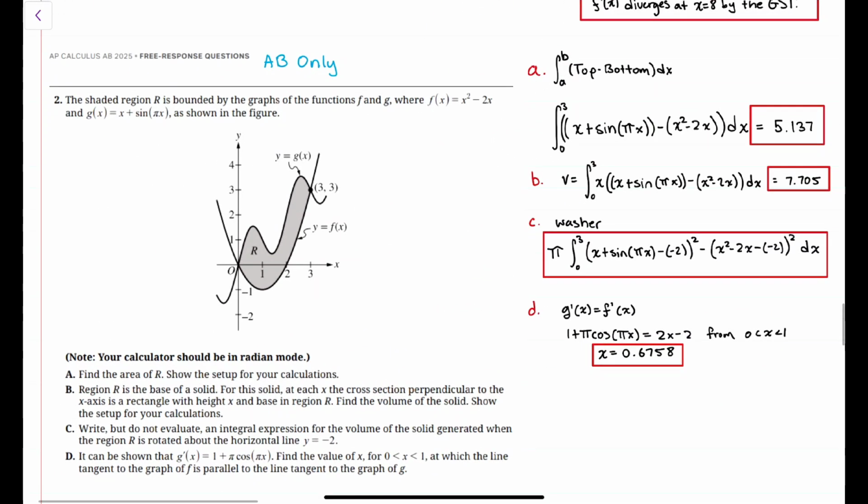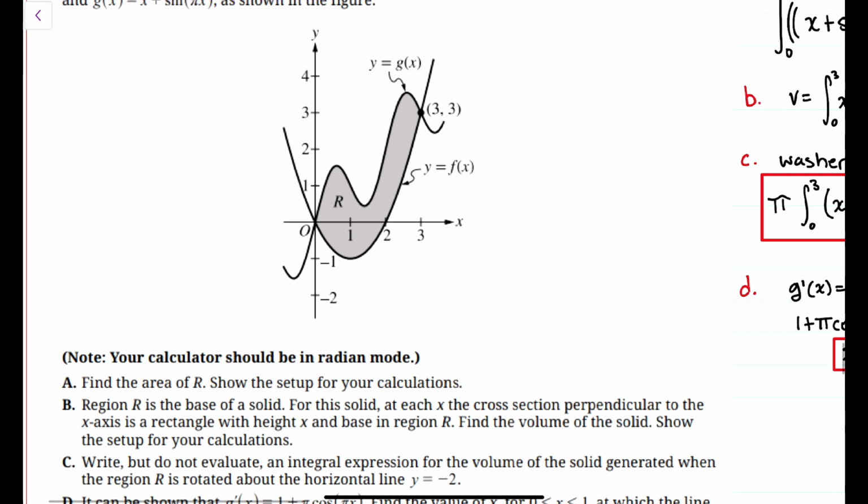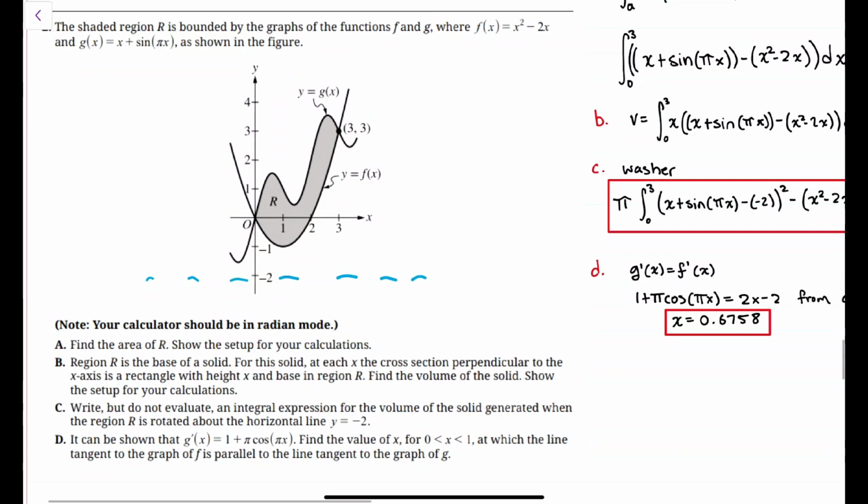And then for part C, we have to write an integral expression for the volume when it is rotated about the horizontal line y equals -2. So that's this line right here, and because there's empty space there, we have to use the washer method.